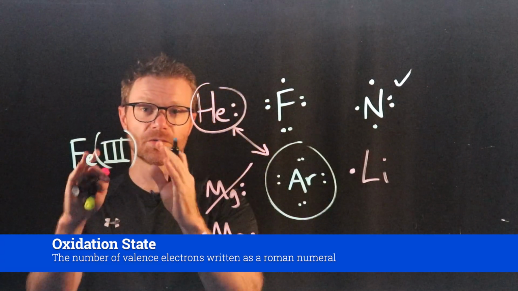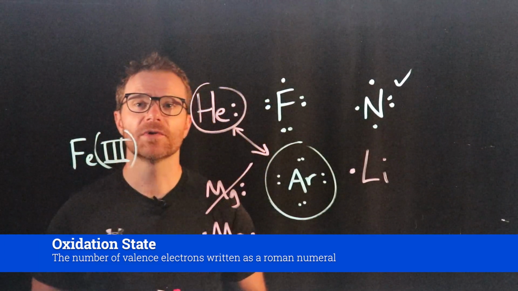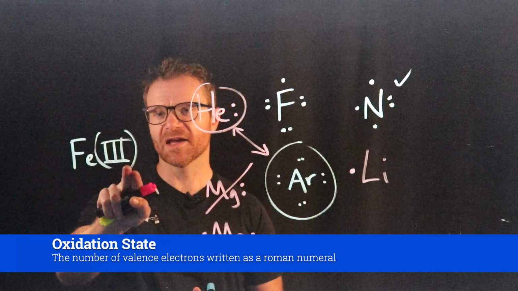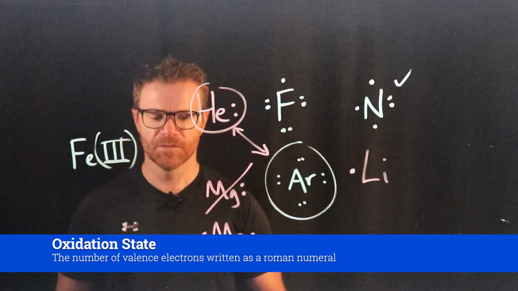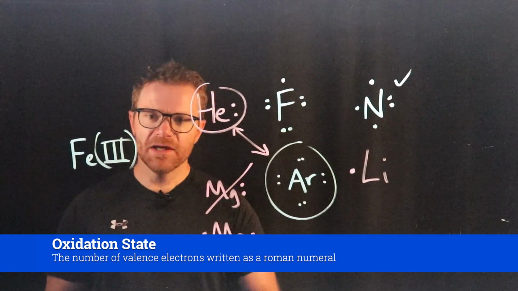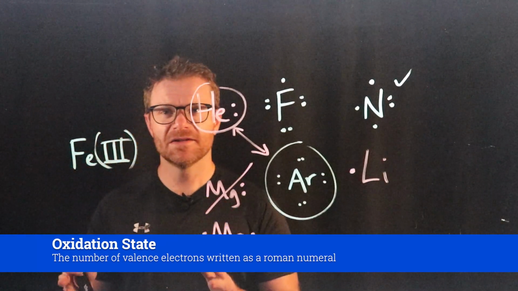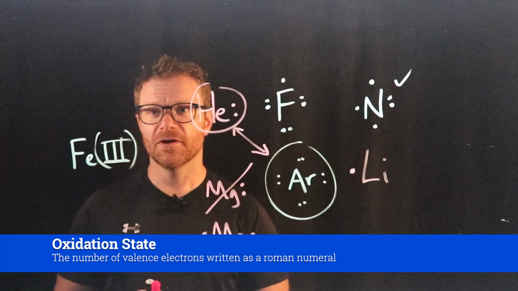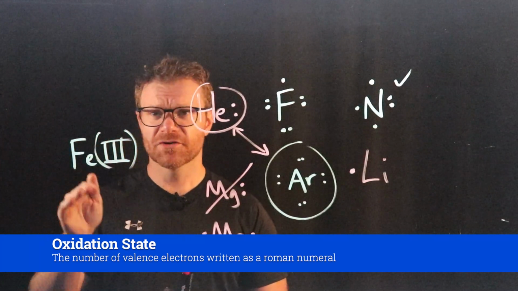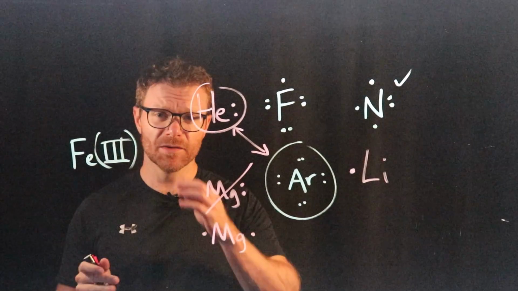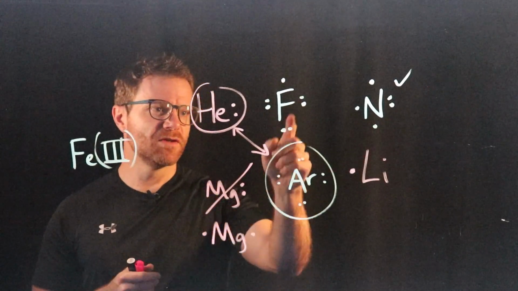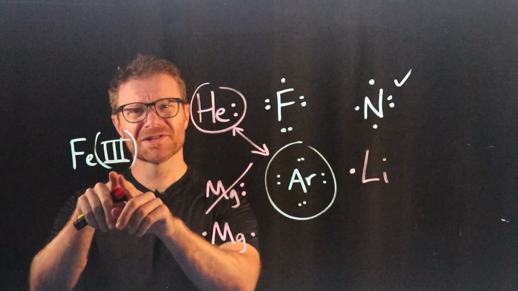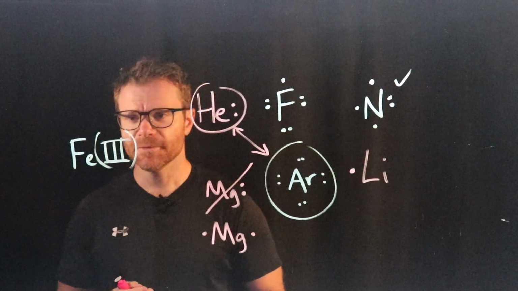Oxidation states are written in parentheses, and they're also written in Roman numerals, and they come after an atomic symbol. So Fe(III) is telling you that I'm asking you to draw a Lewis structure of iron that has 3 valence electrons. Again, these inner transition metals and transition metals are just very unpredictable, so you wouldn't be able to use the trick that I taught you earlier. You would just kind of need to know the oxidation state.